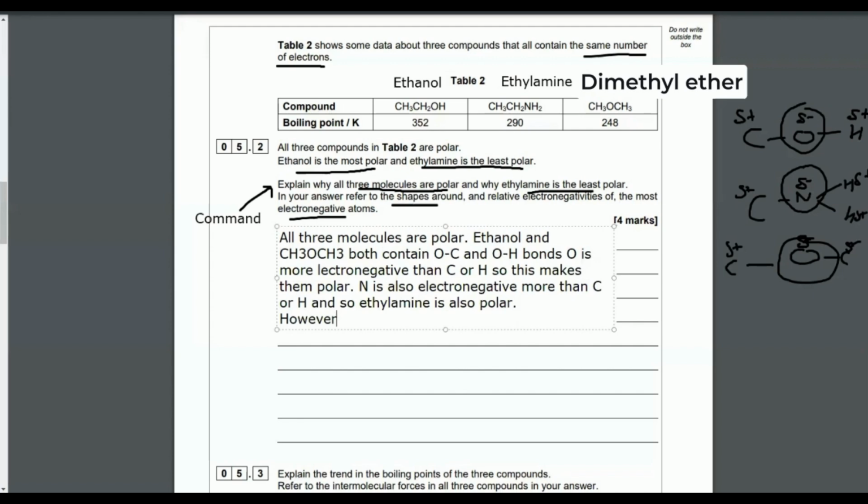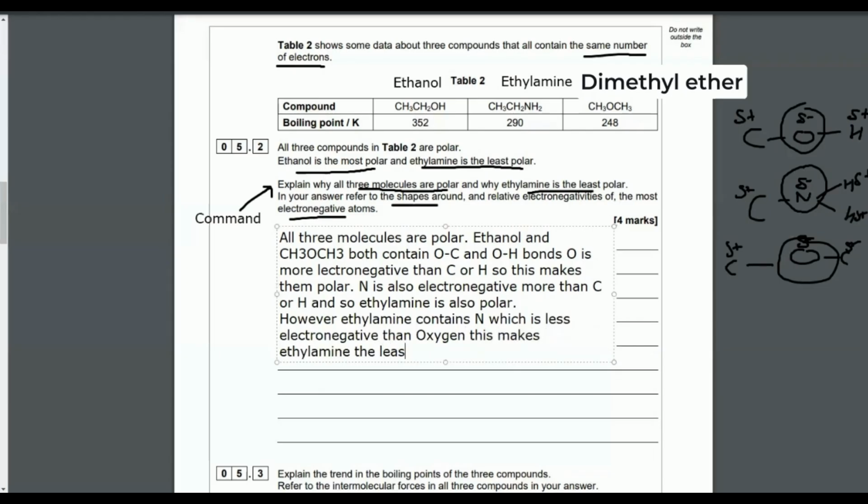However, ethylamine contains nitrogen, which is less electronegative than oxygen. So the nitrogen's less electronegative than oxygen. This makes ethylamine the least polar.